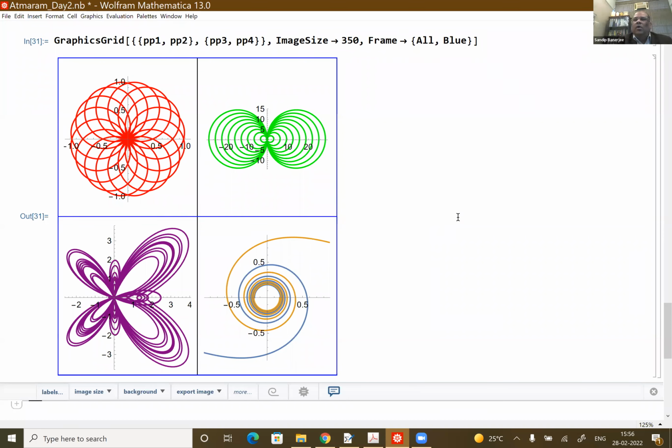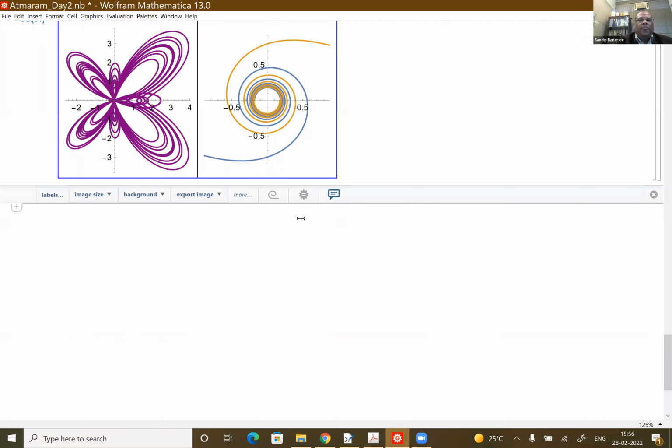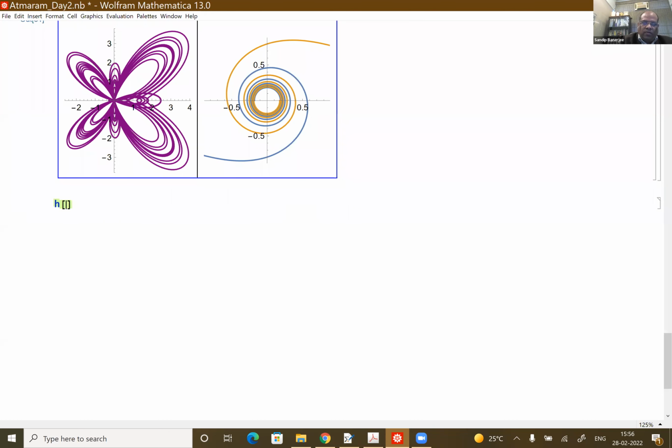Okay. One more thing you need to know, that is how to draw a piecewise function. Say f(x) equal to x when x lies between 1 and 2, equal to 1 minus x squared by 4 when x lies between 2 and 3. So this sort of function, say this is your h(x).